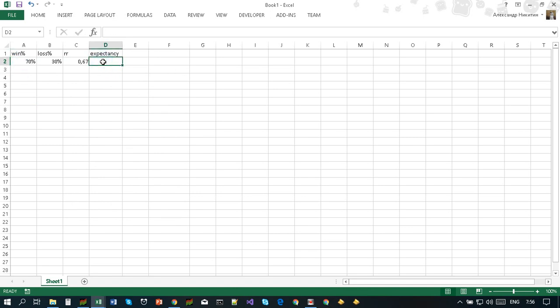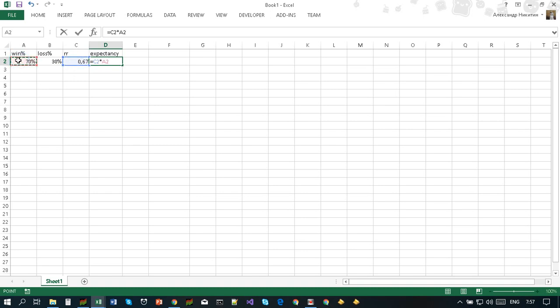Okay, the true formula for this. Let us calculate the total scope of what we have won. So we had 100 trades, for example, 70 of them were winners. So each and every time we win 0.67. Okay, let's do it this way: risk to reward multiplied by percent of win.